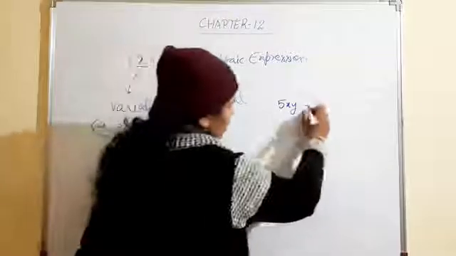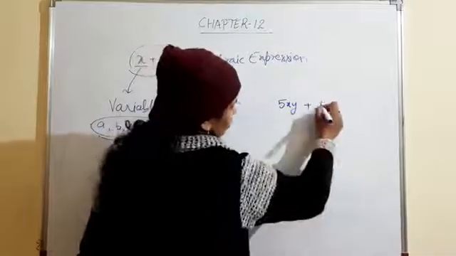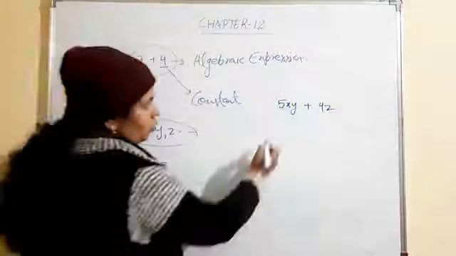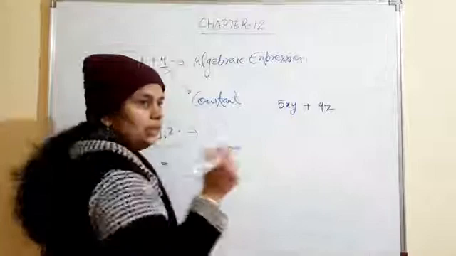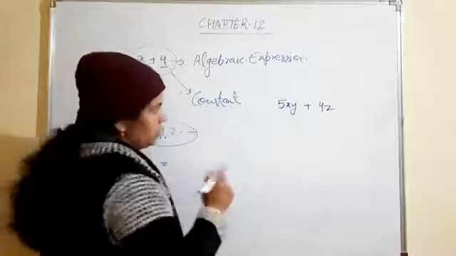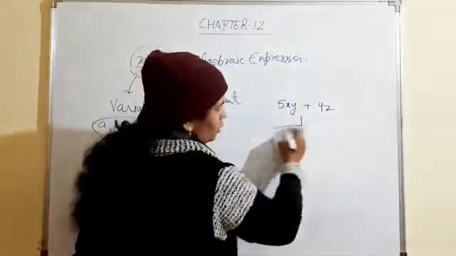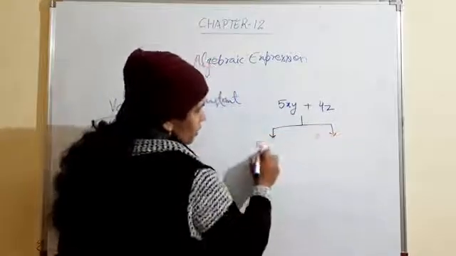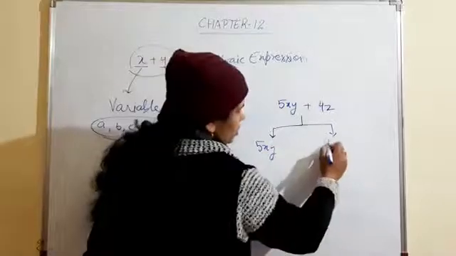Now add one more term, 4z. Now I am splitting it first of all into terms and after that into factors. So how many terms are there? There are 2 terms. The first term is 5xy and the second term is 4z.